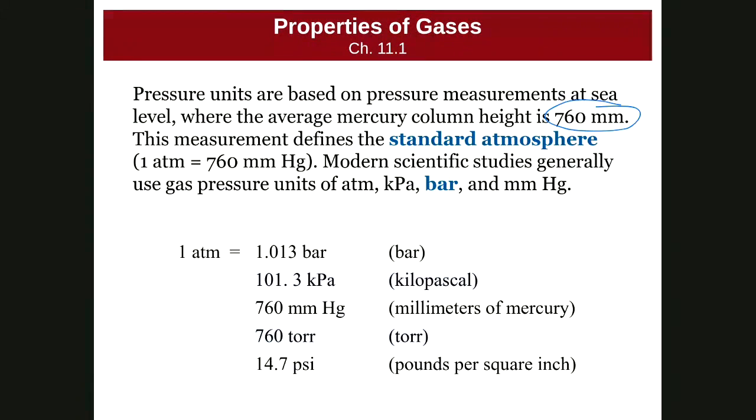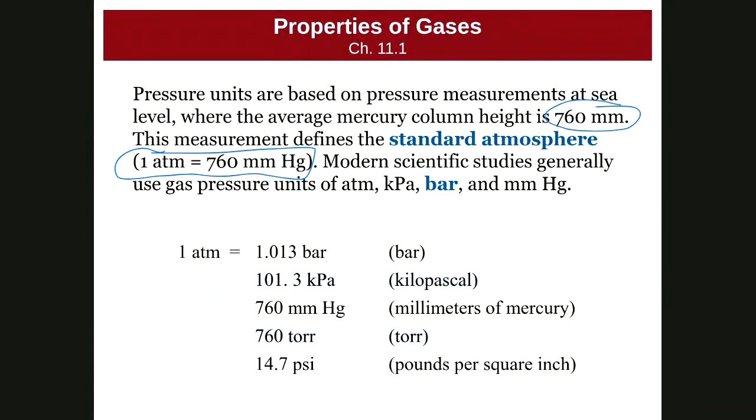So atmosphere in this case is not the layer of air surrounding the Earth. In this case, atmosphere is a unit of pressure. So 1 atmosphere is equal to 760 millimeters of mercury, and 1 atmosphere is the pressure at sea level.